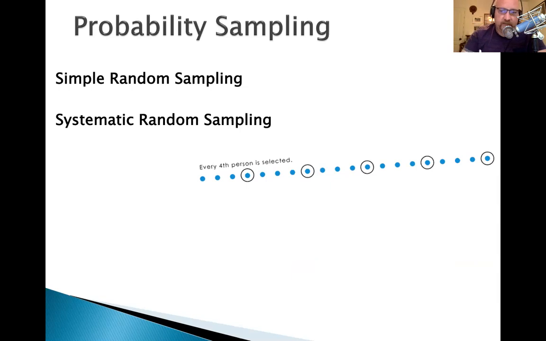So not everybody does, and I don't look at who those fourth students are as I go down my list. I don't care about the demographics. I want variation and randomness, but I want some control over how much data I have. That's something researchers do at times too.